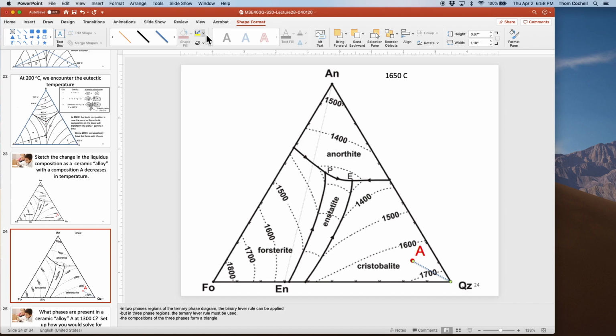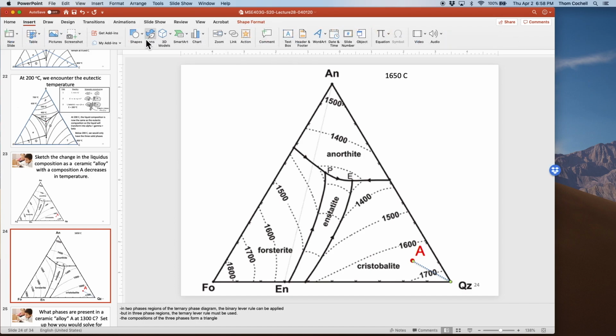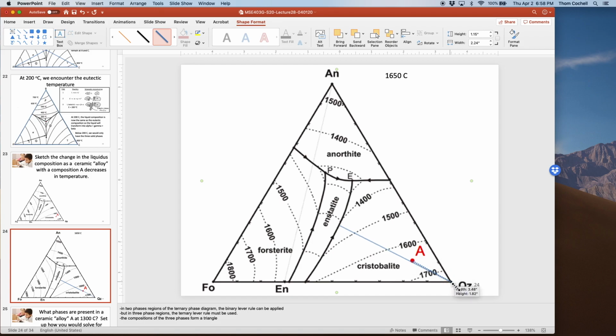As I decrease in temperature, let me make a new shape here. My liquid composition is going to extend that line. Let me see if I can make this look good. It's going to follow that extension from A, so it's going to look something like that.